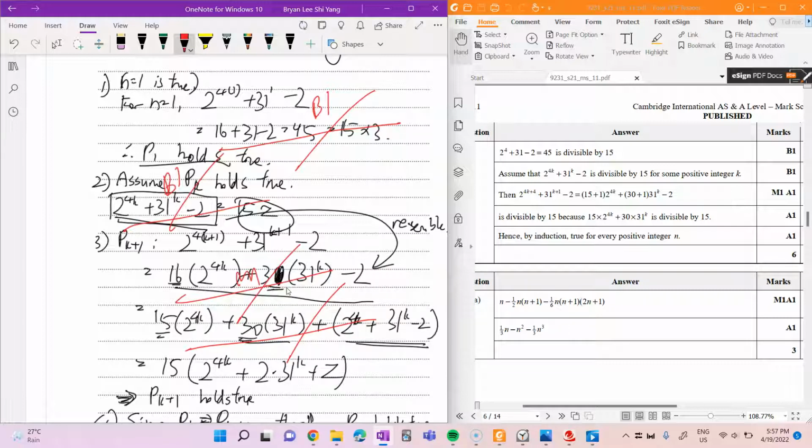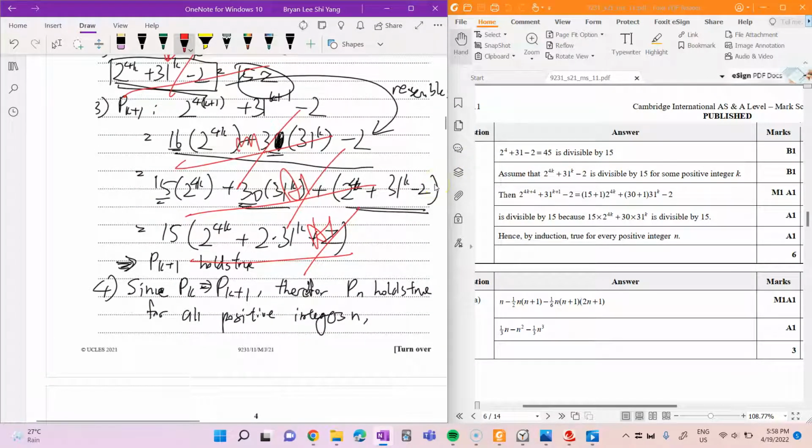This is actually correct also. So this is an A1 over here, and then it's divisible by 15 because this whole thing is divisible by 15, so A1 again. Since your statement for the previous whole number implies that the statement for the next number is true, therefore, something like this.